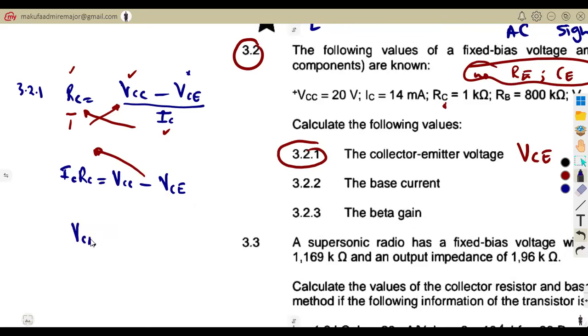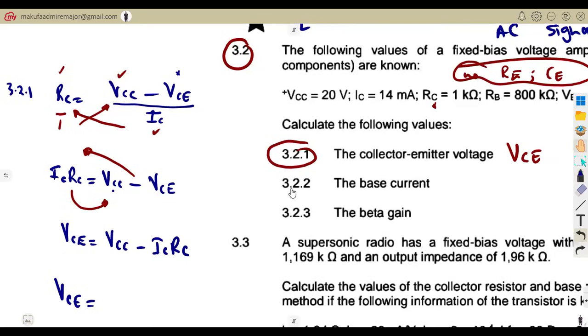So VCE is going to be equal to what? We are having VCC already on the right-hand side. So we take IC RC to the other side so that it becomes a negative. So it will be IC RC, not a positive, but a negative. So you're going to have VCE equal to VCC. What is our VCC according to this? A plus 20.